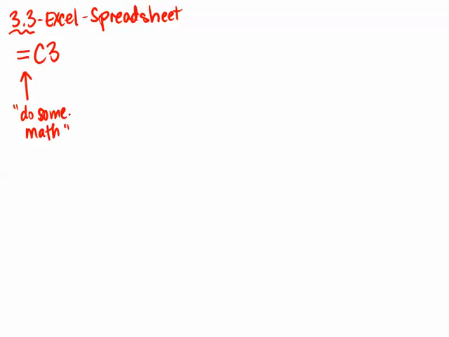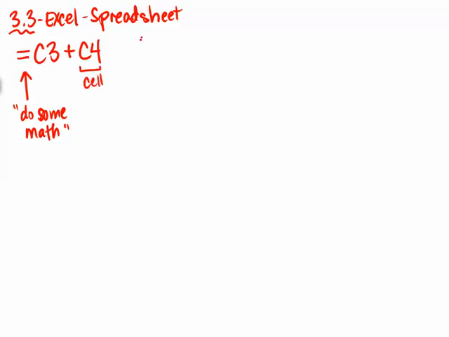Once you put the equal sign, that's an indicator for the program that we need to do some calculations now. Then I put the cell number of the number that I want to calculate, and then I put the operations in between. If I want to add that to the information in C4, I do equal sign C3 plus C4, and now this makes a little formula, and it adds those cells together.